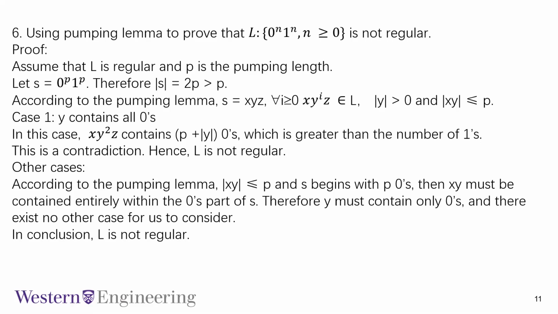Then XY must be contained entirely within the zeros part of string S. Therefore, Y must contain only zeros, and there exists no other case for us to consider. So in conclusion, L is not regular. This is the rigorous proof process.